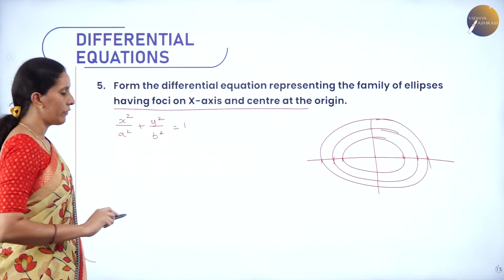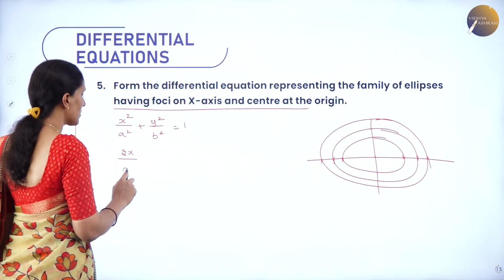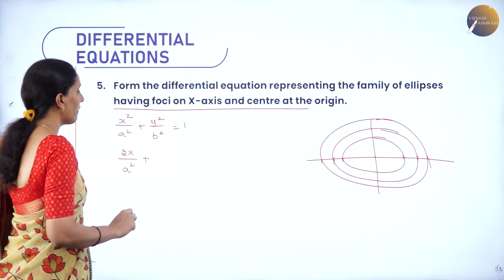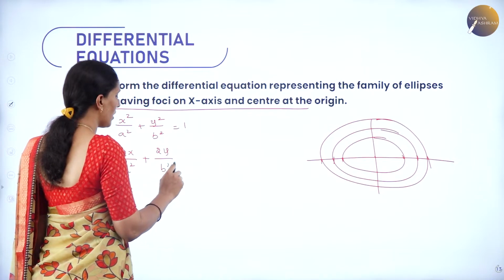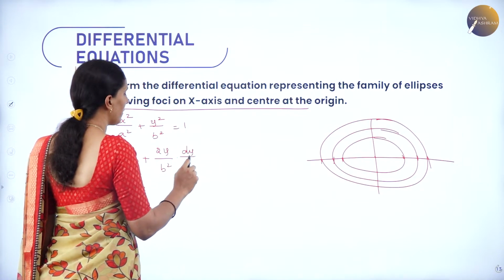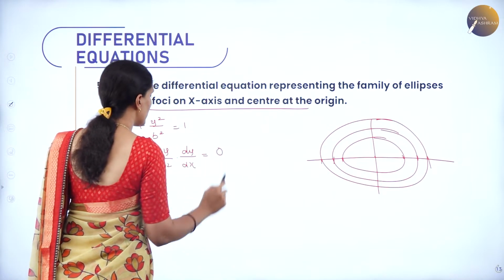Now let us go on differentiating. Derivative of x square is 2x and 1 by a square is a constant. Derivative of y square is 2y and here we have b square. Along with that we need to write dy by dx because we are differentiating y with respect to x, so it is 0.